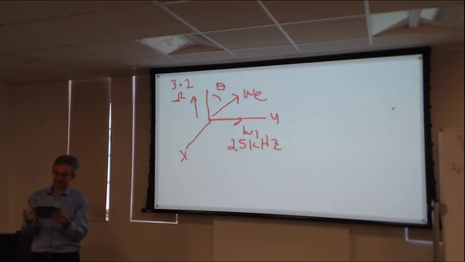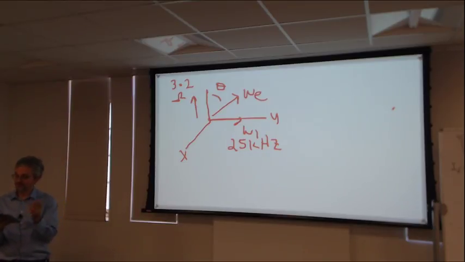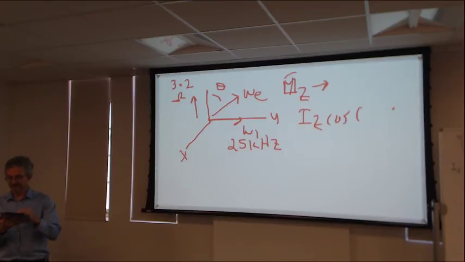Then the z magnetization ends up rotating towards minus y. So my initial z magnetization, we call it IZ, will then go to IZ cosine theta minus IY sine theta. The z magnetization rotated towards the minus y-axis, while omega E rotated up to the z-axis.